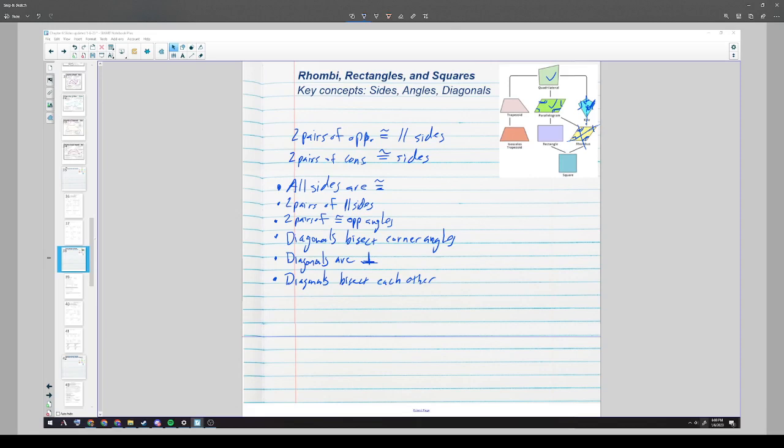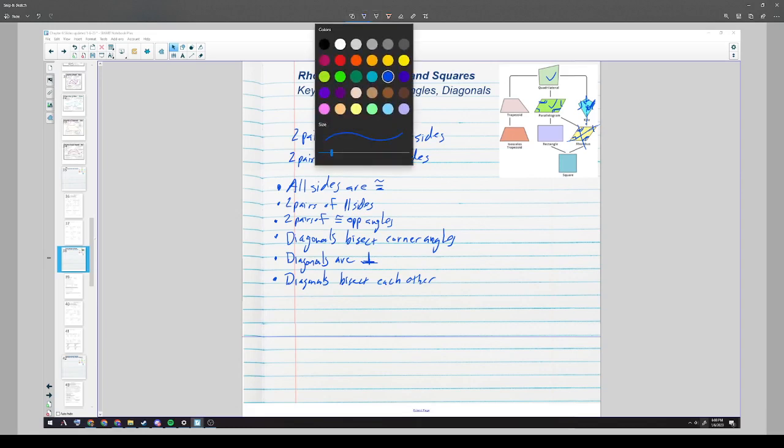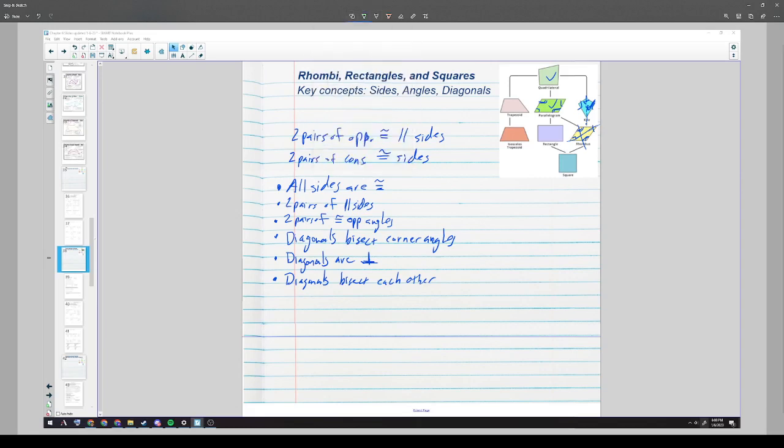There aren't really new properties here because they're all a combination of the parent shapes. But the ones that feel the most new are going to be all sides are congruent, because that's a combination of those two properties. And the diagonals bisecting both corner angles is kind of new to this shape, because with a kite, we only bisected one of them.